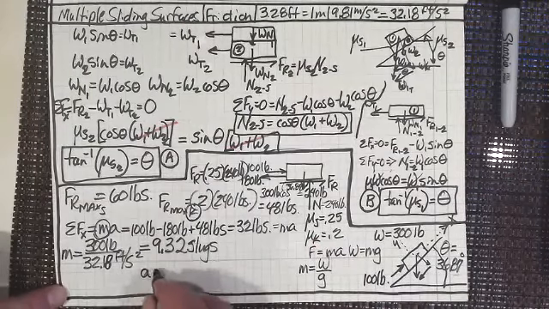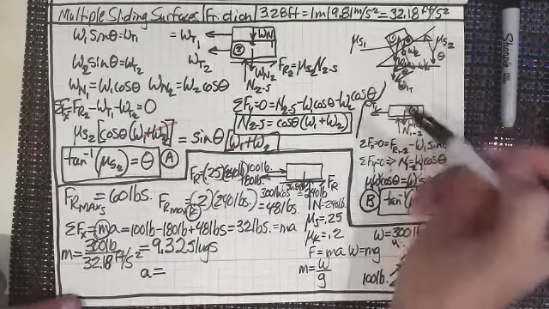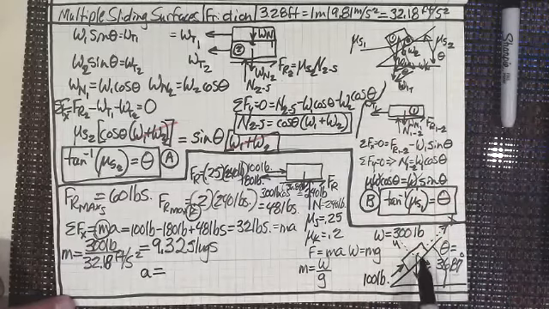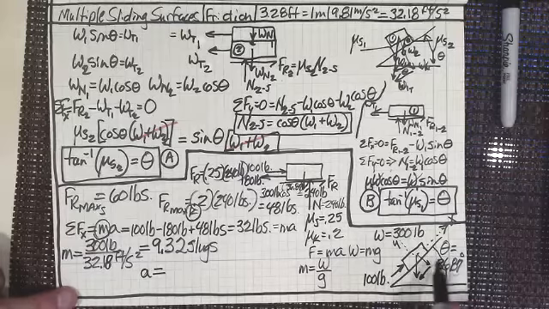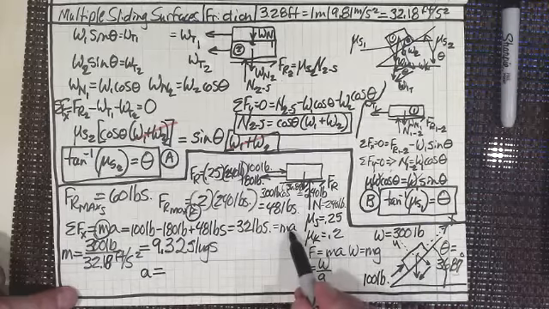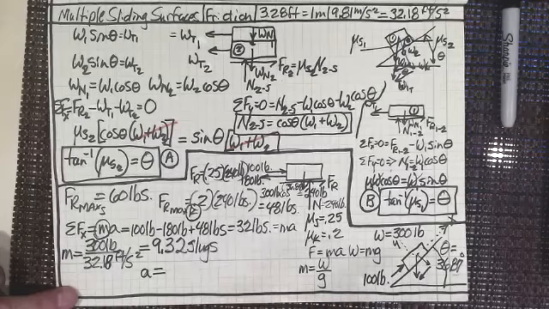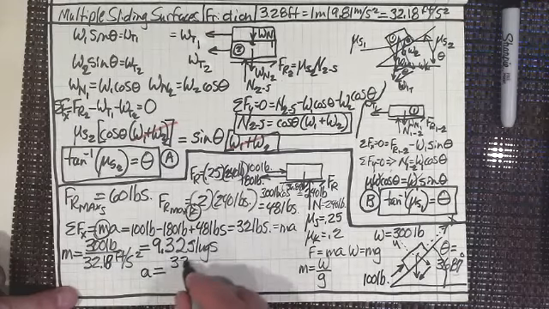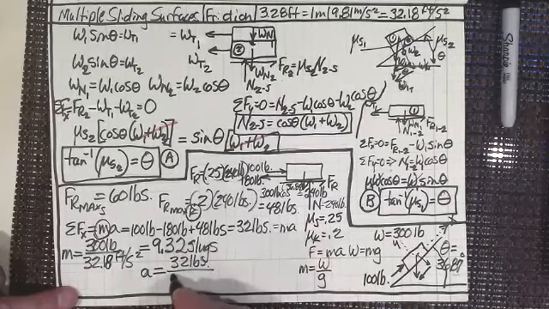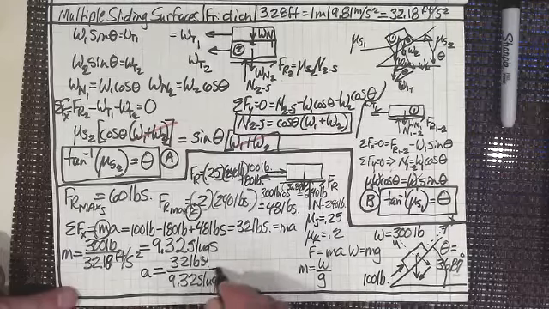So the acceleration of this box down the slope, right, is going to be 32 pounds divided by 9.32 slugs. And that's right, isn't it?